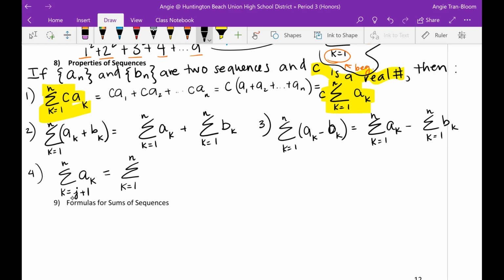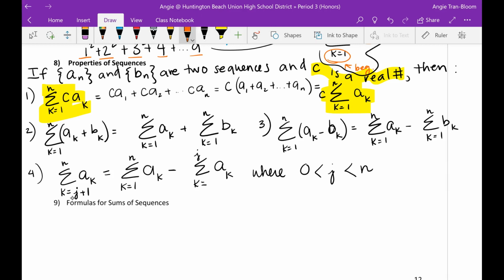Then here's the rule. We will do the summation of A subscript K starting at 1 to n, minus the summation of K equals 1 of A subscript K to j. Okay, and what on earth is j? Where j is greater than 0 and less than n. Okay, so let's say n is 9.